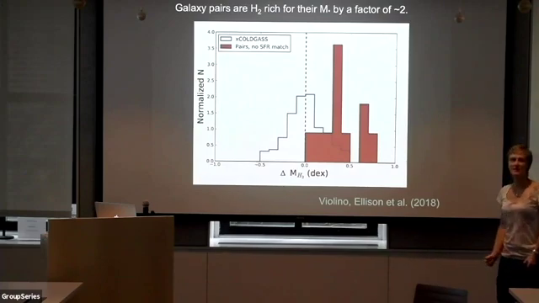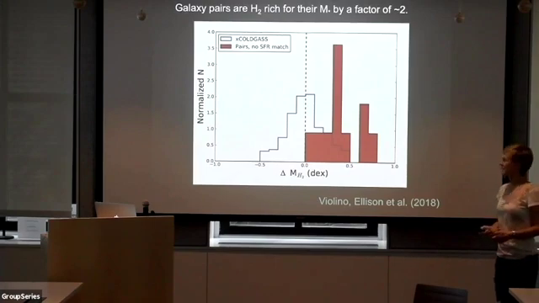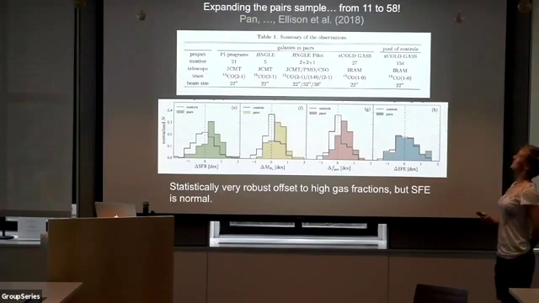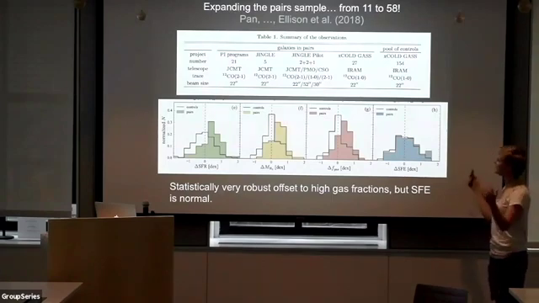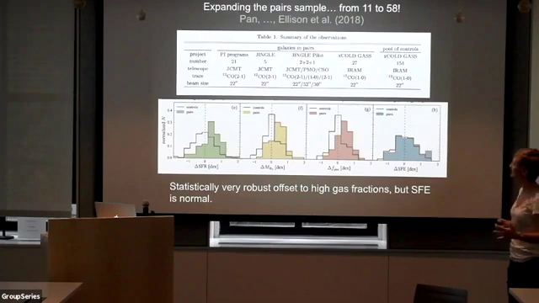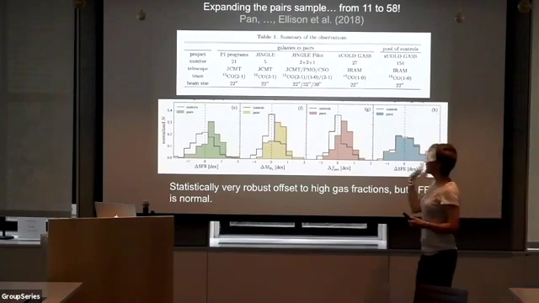So that was a bit puzzling. And we thought, well, maybe this is small numbers, we need a bigger sample. So then we did a bigger sample. We went from 11 to 58, which was cobbled together partly from different PI programs, some in the literature, some of our own new observations. Here are now the distributions for this much larger sample.